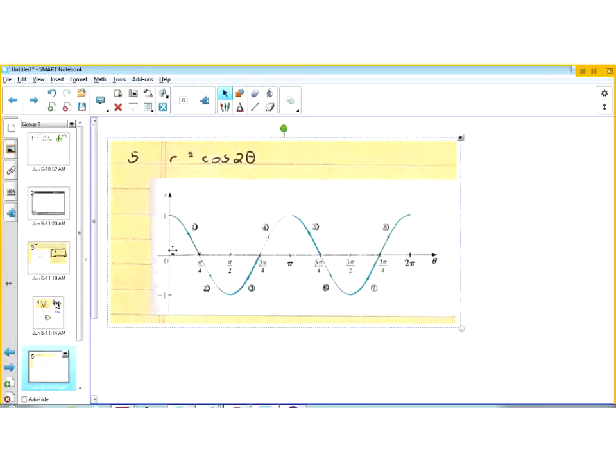Okay, so we wish to plot this graph, r equals cosine 2 theta, in the polar plane. What would it look like in the polar plane?